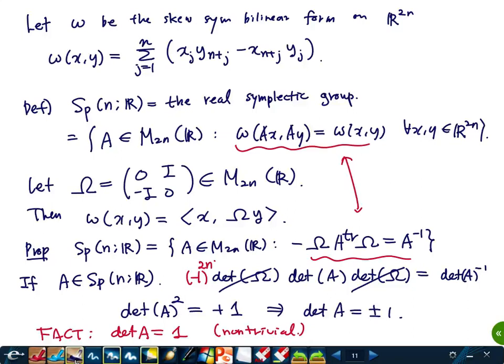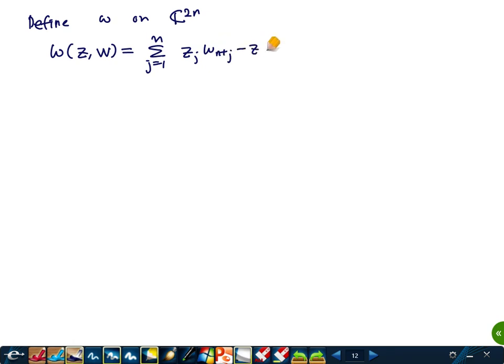And now we can do the same thing with complex numbers. So I'm going to define the omega bilinear form on C^2n in exactly the same way. So z, this is omega, this is w, sum over j from 1 to n, exactly the same way, no conjugate or whatsoever.